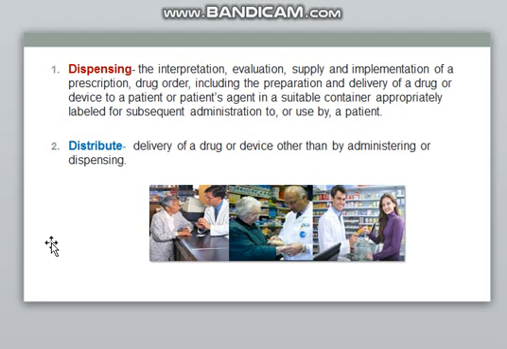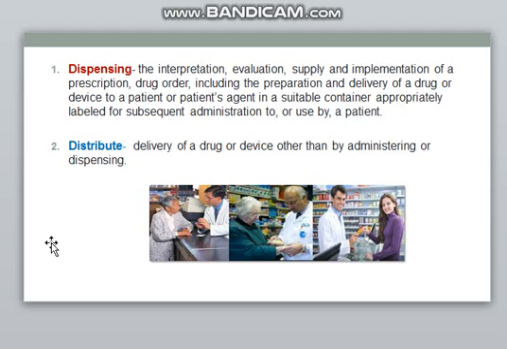For dispensing, the regulation says: the interpretation, evaluation, supply, and implementation of a prescription drug order, including the preparation and delivery of a drug or a device to a patient or patient agent in a suitable container, appropriately labeled for subsequent administration to or use by a patient. Whatever medicines are dispensed should be labeled properly so that the patient can take them in a good manner.